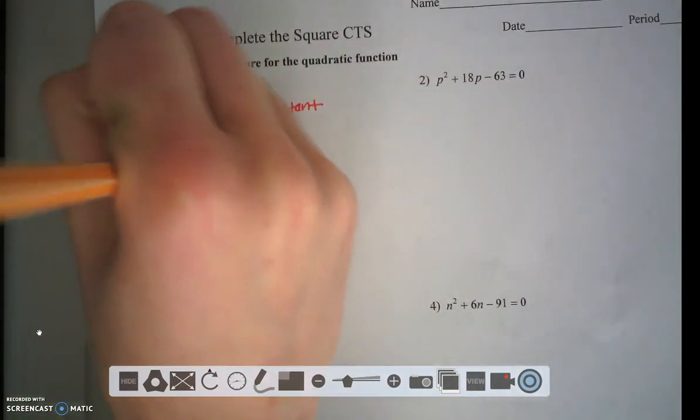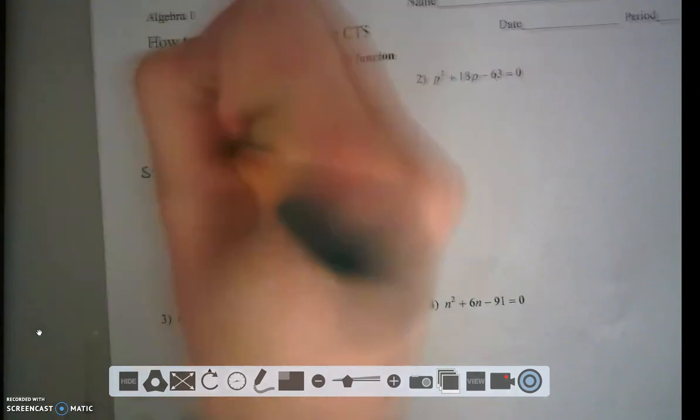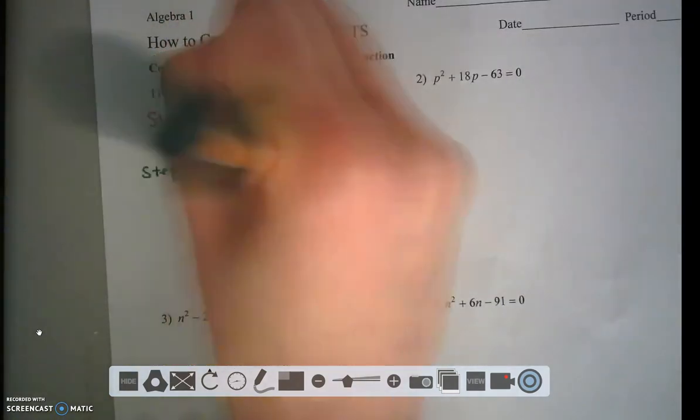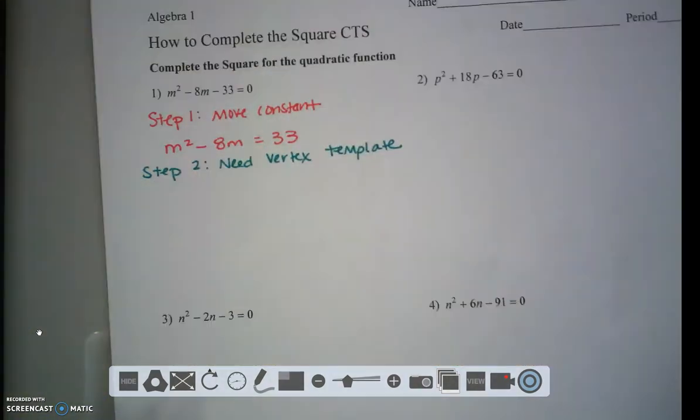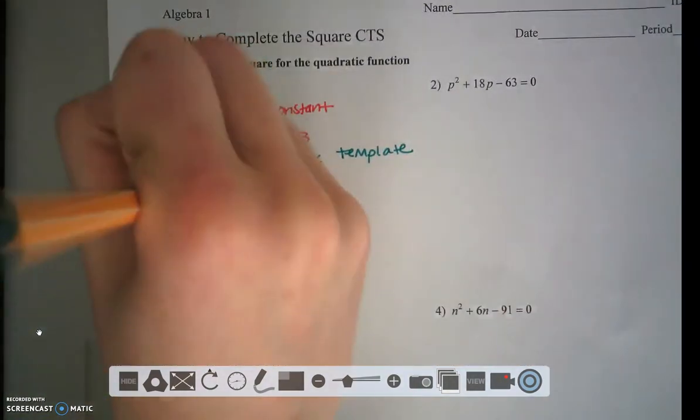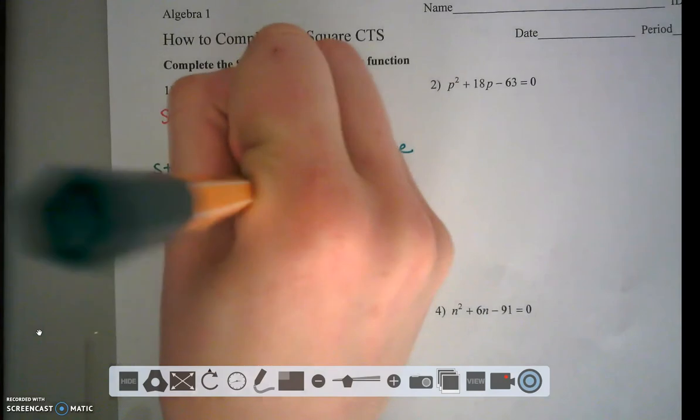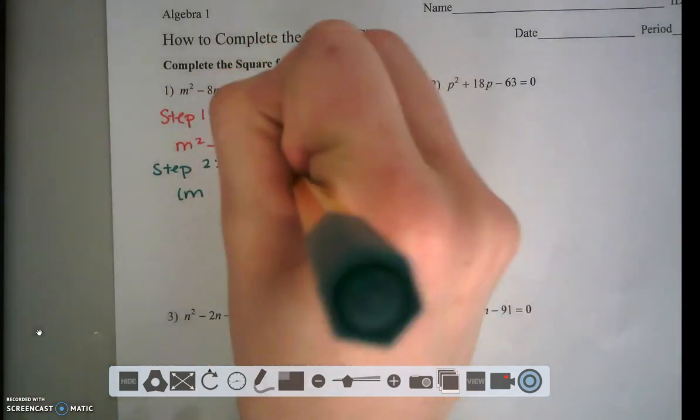So step 2, I need a vertex template. So I'm going to put m, I'm going to square it, and I'm going to set it equal to 33.